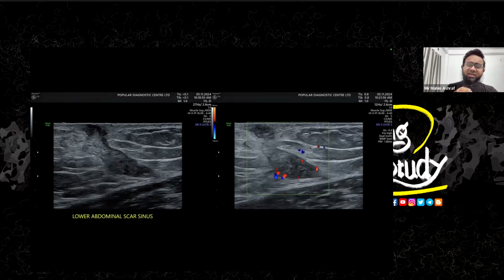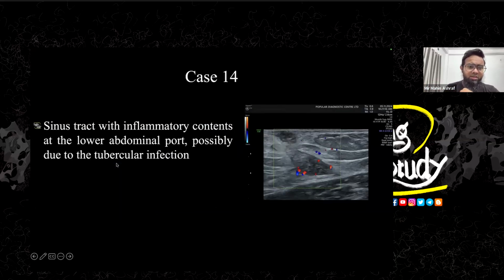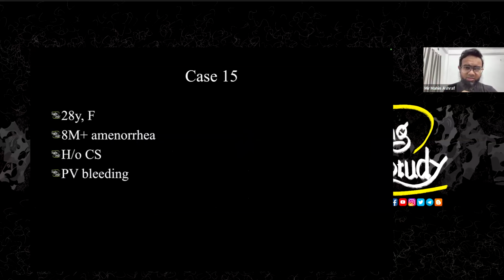So this was also a case of tuberculosis. So this is the tubercular sinus tract. So the sinus tract with inflammatory contents at the lower abdominal port, possibly due to tubercular infection. Okay, so this is very common sometimes in our country. So you need to sterilize your laparoscopic instruments a lot.